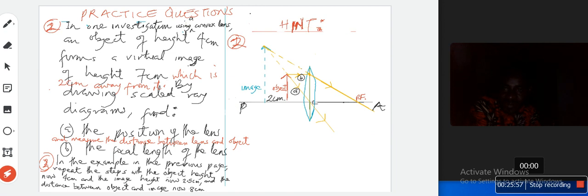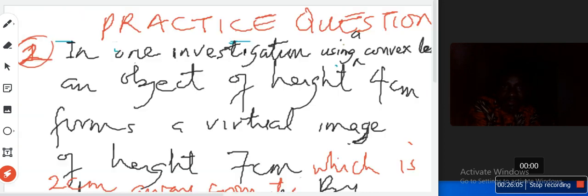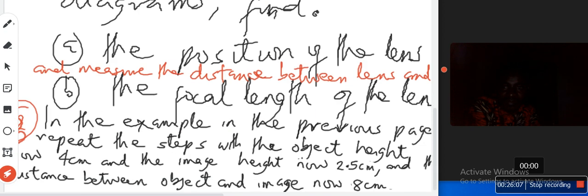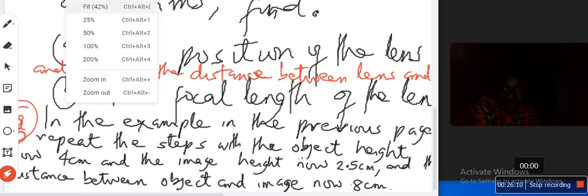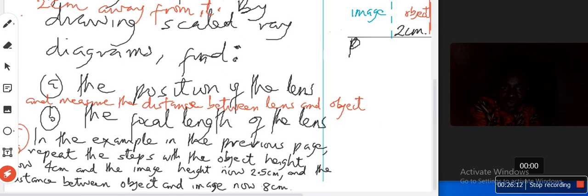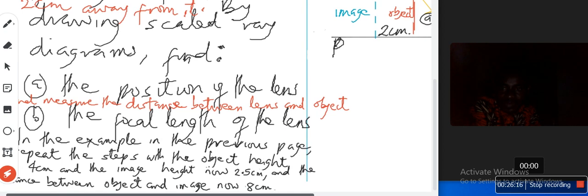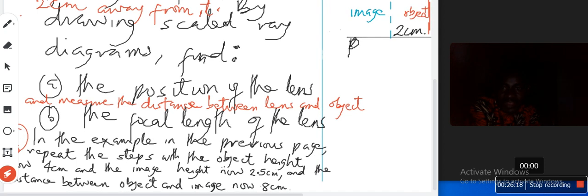Now, in the example in the previous page, repeat the steps with the object height now 4 centimeters. Let me zoom it in. So we're repeating that with the object height as 4 centimeters, the image height as 2.5 centimeters, and the distance between object and image as 8 centimeters.